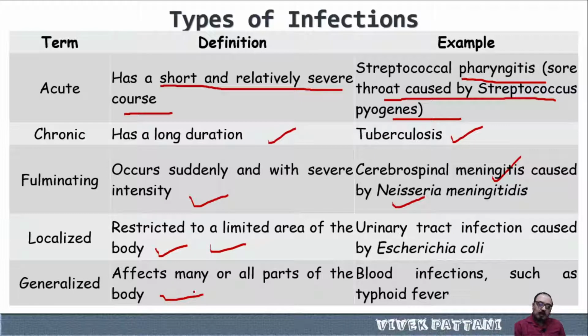The infection may spread all over the body, or it may involve more than one organ system of the body. In that case the word generalized is used. Examples are blood infections, because the blood travels throughout the body, and also typhoid fever.